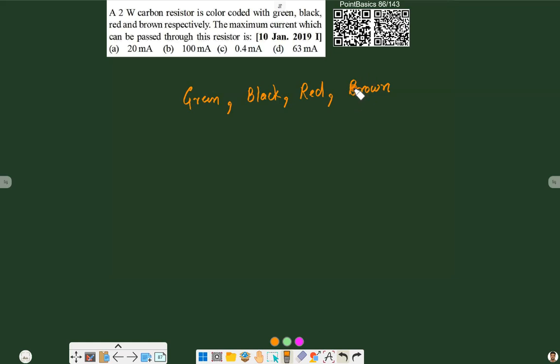Now for color coding, green stands for 5, black stands for 0 and red stands for 2. So our resistance is 50 into 10 raised to power 2 ohm, plus minus, brown gives us 20% tolerance.